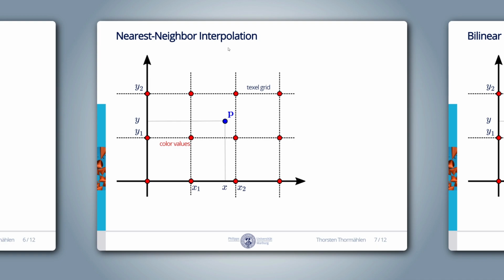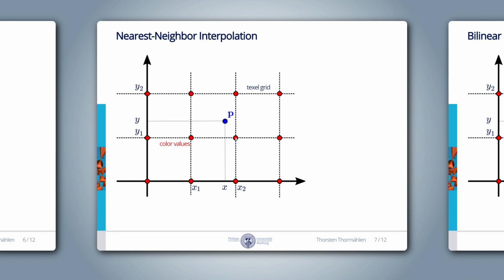In this figure, the dashed lines represent the texel grid and the red points are the centers of the texels for which we have a stored color value. In episode number 5, we learned about texture coordinates and that the rasterizer provides us with per pixel texture coordinates in the fragment shader. If we use the texture coordinates to address a 2D location in the texture, this location does not have to be on the texel grid.